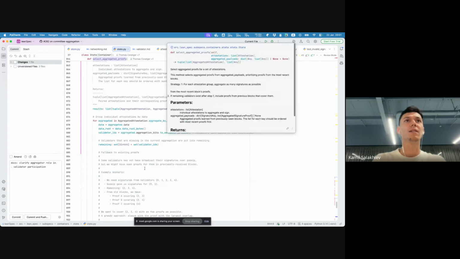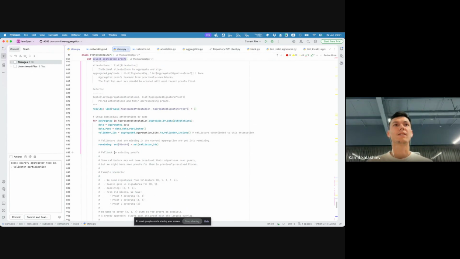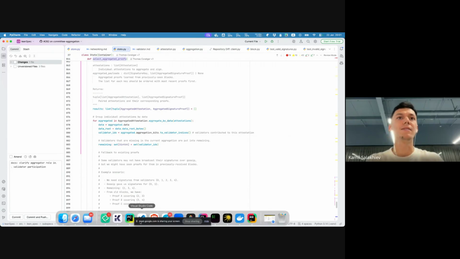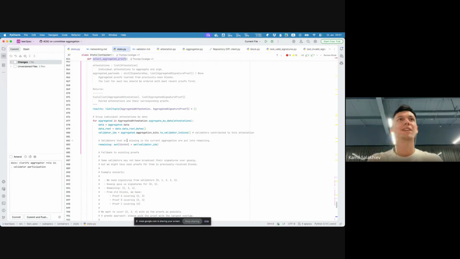I think the Zim team that implemented this might even understand it better. But the logic here is that if some validator is not covered by the proofs that we have, we try to include a proof from previous slots that covers the signature from this validator.